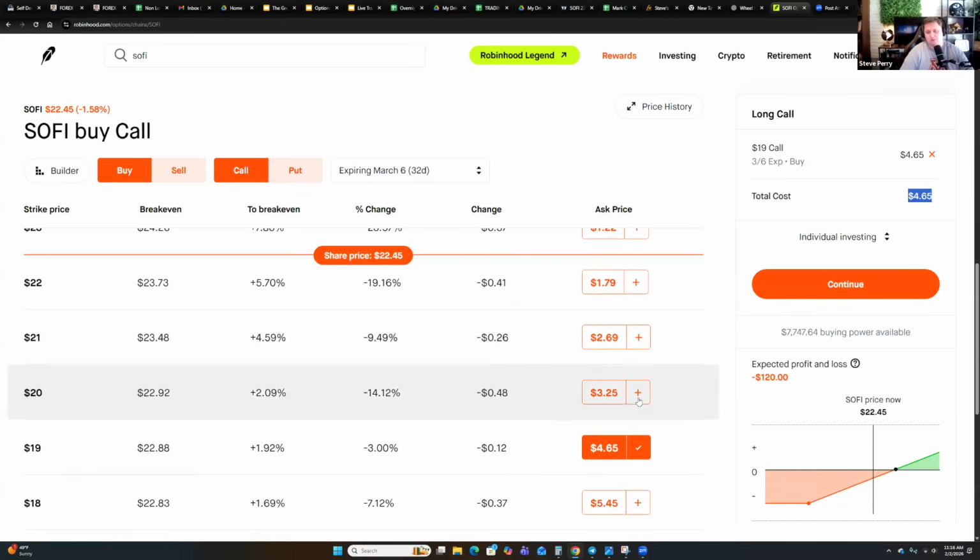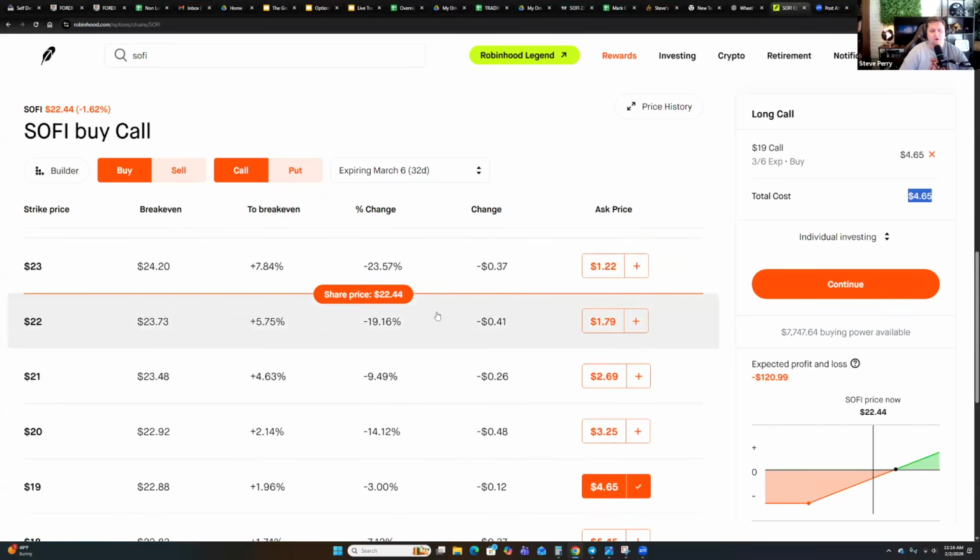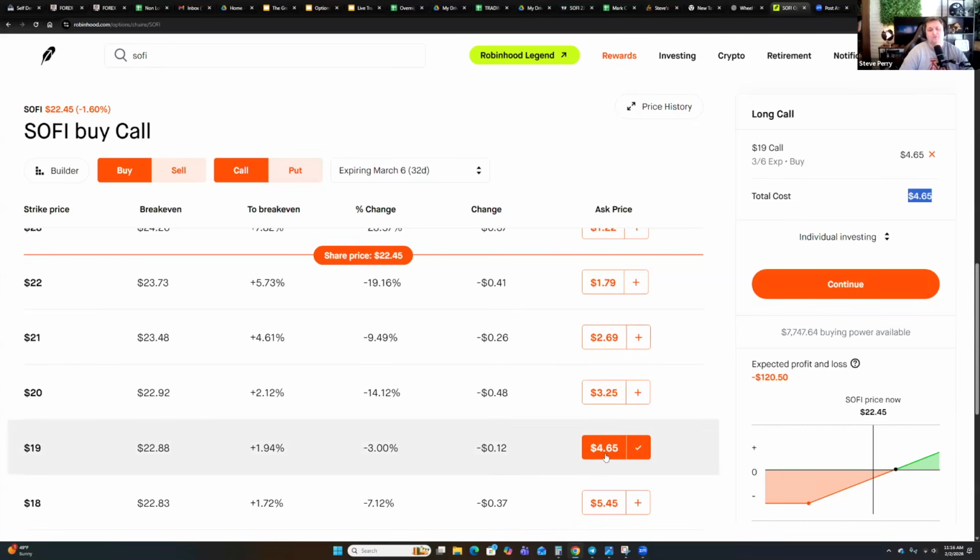So that's called a deep in the money call option because the market would basically have to fall pretty far to make your option lose its intrinsic value, because currently this is already intrinsically valuable. Essentially, like I said, the market would have to fall very hard to lose all the value of this option. Okay. It would take a lot of movement. Some crazy things would have to happen to SoFi in order for that to lose money.